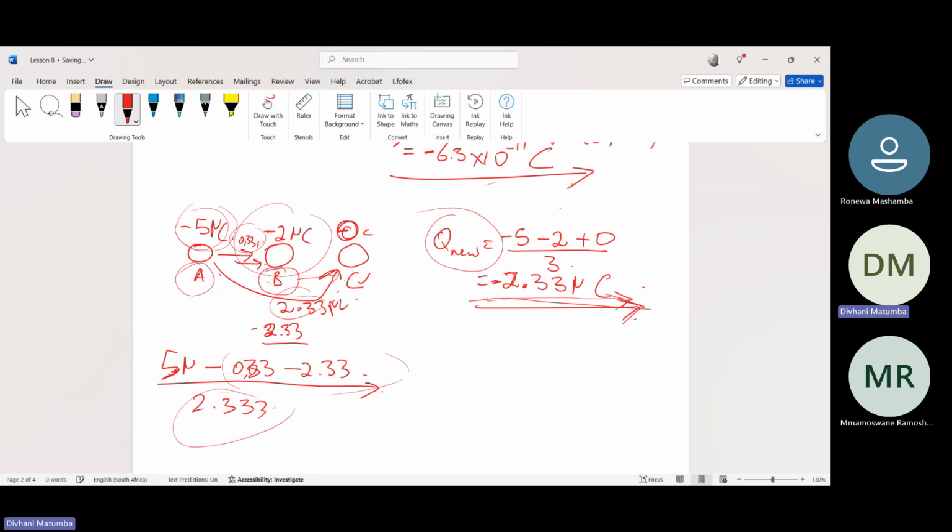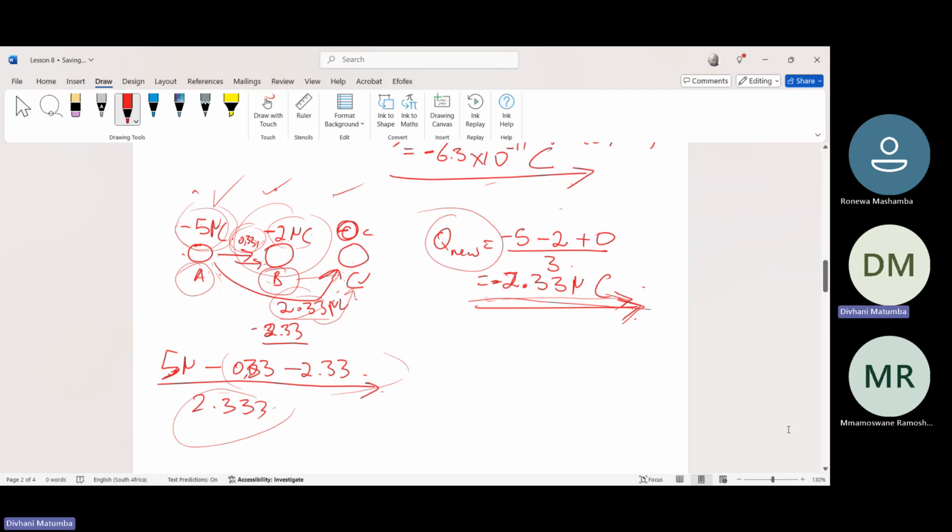So we're going to be left with 2.33, and then 0.33 will come out of this 5 to add on top of 2. Then we'll have 2.33. You agree? Yes. And then on C, 2.33 will go towards C. Then we'll have 2.33, 2.33, 2.33. That's how it works.